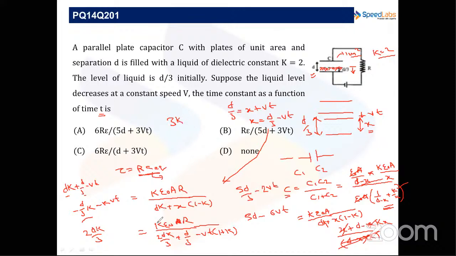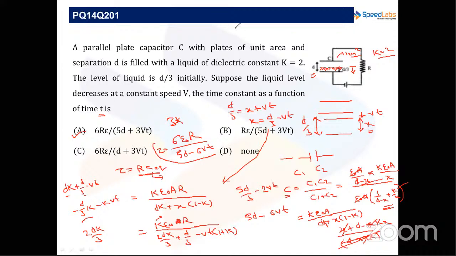K is 2. यहाँ पे भी we have to put 2, so that is 6 epsilon naught R divide by 5d minus 6vt, and that is tau as a function of time. Is that an option? 6 epsilon R upon 5d plus 3vt. A is the answer. Is that clear?